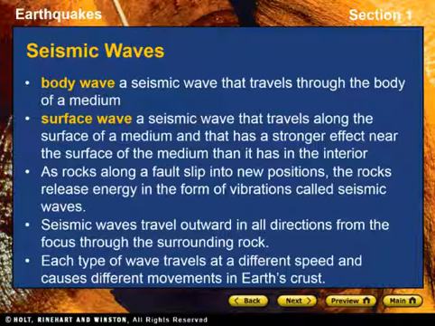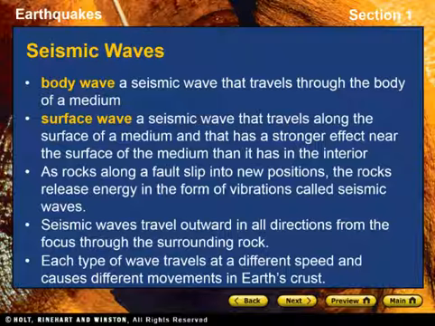And so body wave, going through the body, through the middle. Surface wave, only traveling along the surface of that medium. There's a big distinction there, and it's going to be really, really important when we start to discuss shadow zones and how Earth's interior affects the movement of seismic waves.